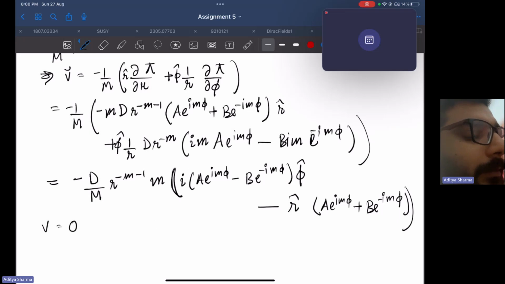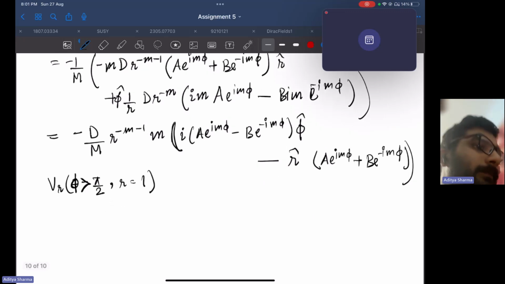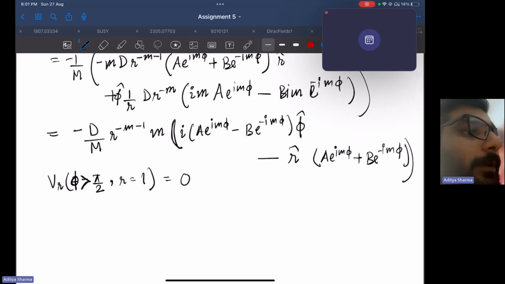The r component of V should be 0 for theta greater than pi by 2 and r equal to 1. So we're going to put that condition.